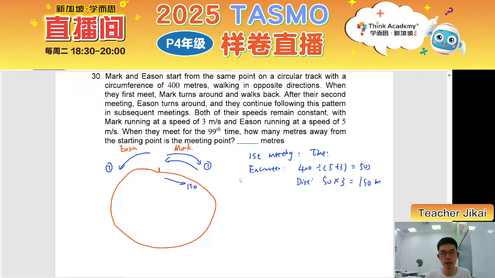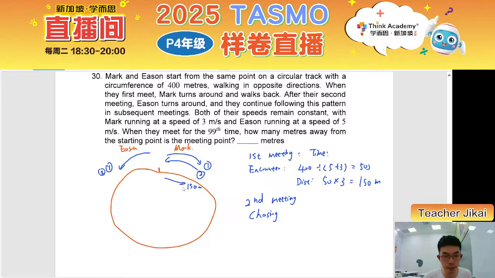Okay, so like this. After it, Mark has turned back, and Ethan keeps the same direction. So for the second meeting, is it an encounter problem or a chasing problem? It is a chasing problem, right? This is Mark's direction and also Ethan's direction.